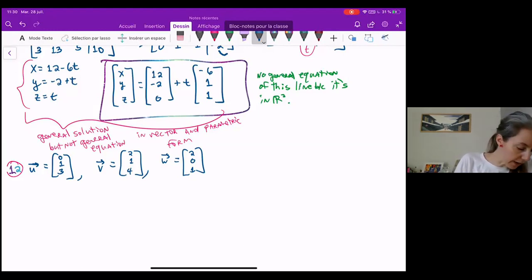Okay, so we're given these vectors, and the first question is, are they linearly independent or dependent?